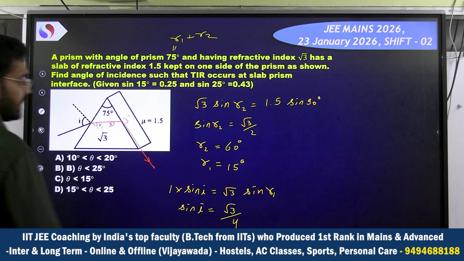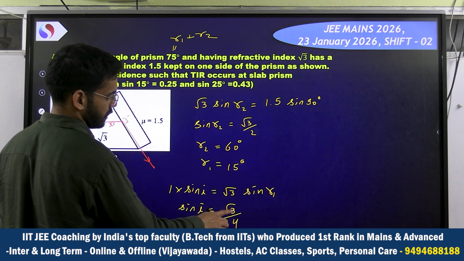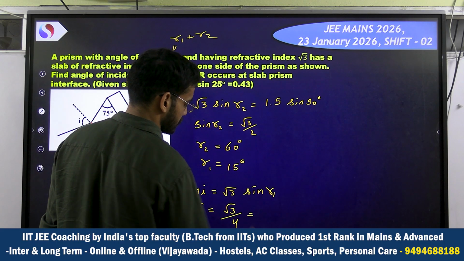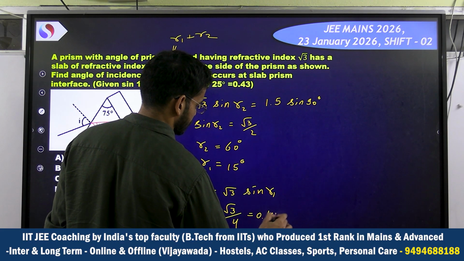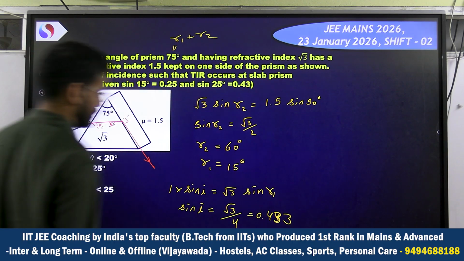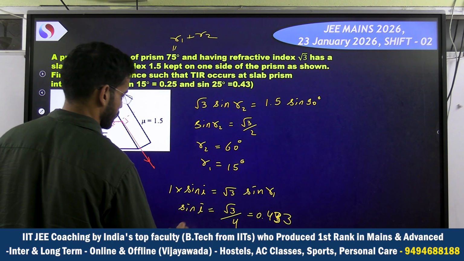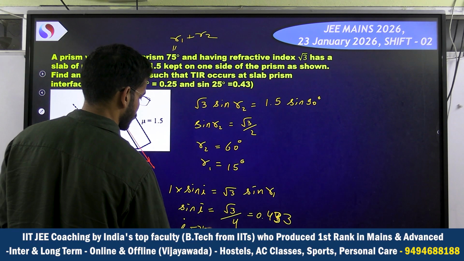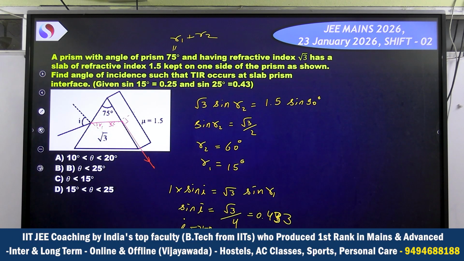When you put root 3 as 1.732, it will come 0.433. So according to that you will come to know I is approximately 25 degree. So you have to keep it below 25 degree, so your answer should be below 25.